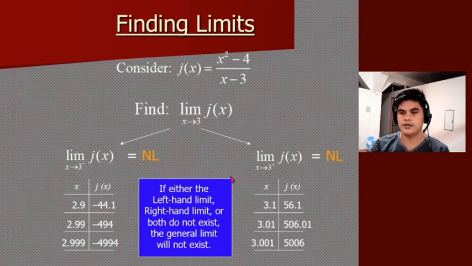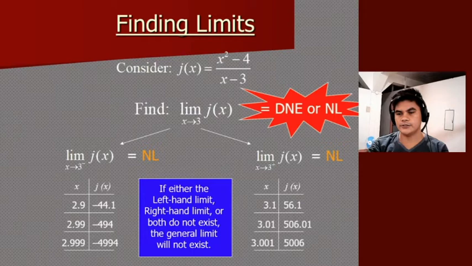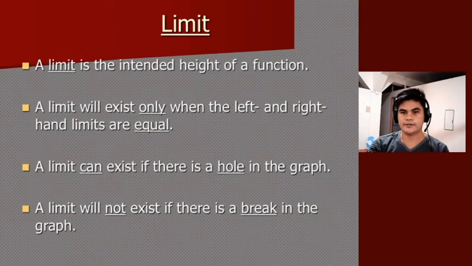While on the other side, from the right, the values of g of x also grow larger and larger. So we can say that both the left hand and right hand limits do not exist here in this function g of x, x squared minus 4 over x minus 3. Now, our answer is D and E, or limit does not exist.